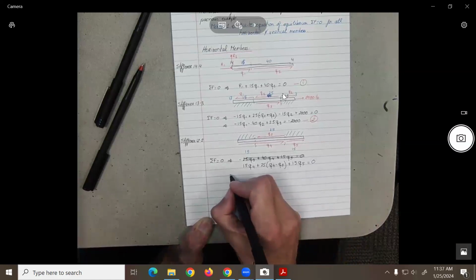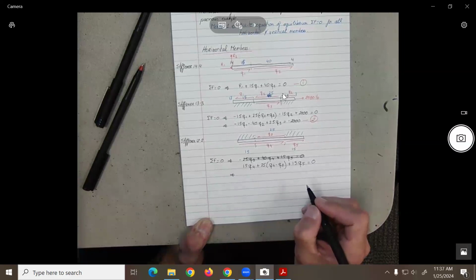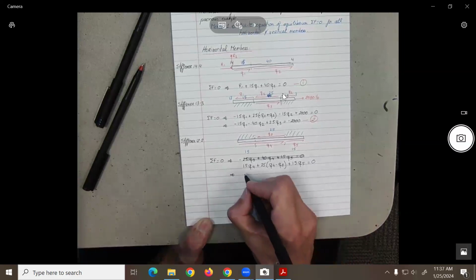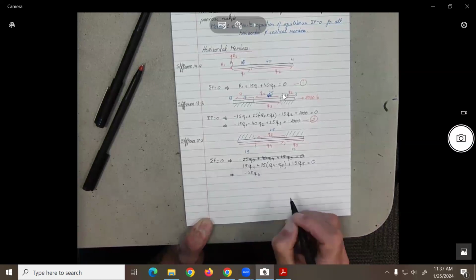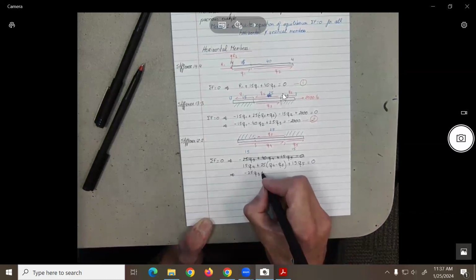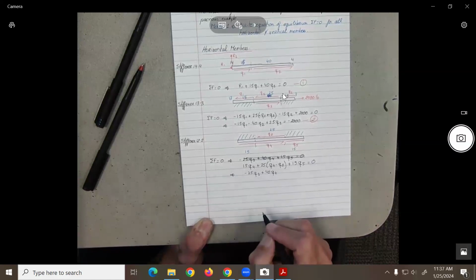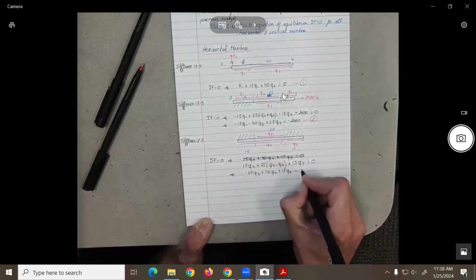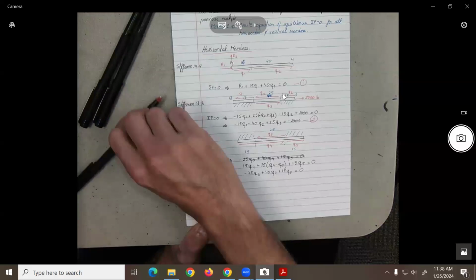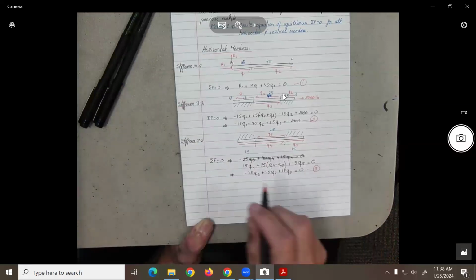So basically, if we do this one, what do we have? We have minus 25 Q sub 3 plus 40 Q sub 4 plus 15 Q sub 5 equal to 0. And we can call this equation here 3.